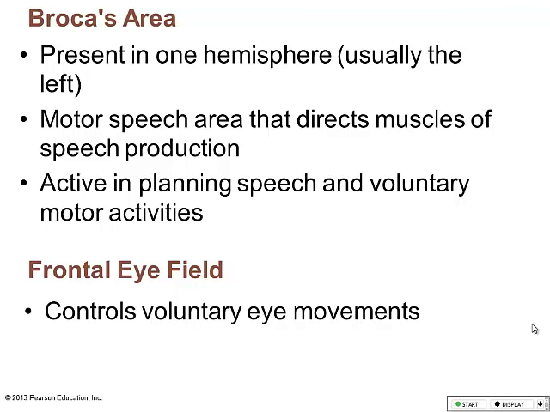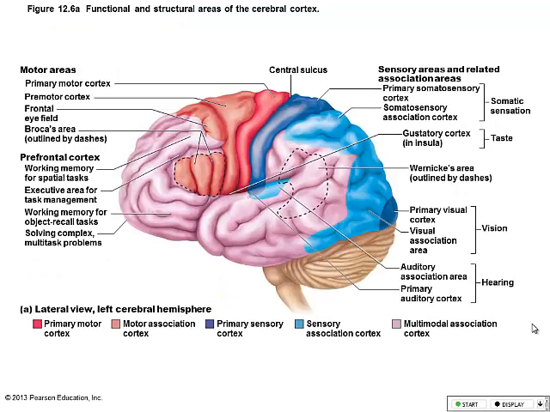When I talk to you, I'm not screaming at the top of my lungs all the time because I know that I can hear myself speak at a certain loudness. So all of that information is being processed in Broca. Planning speech, voluntary motor activities, moving my mouth, breathing out so that I can create sound through my vocal folds. All of that's Broca's responsibility.